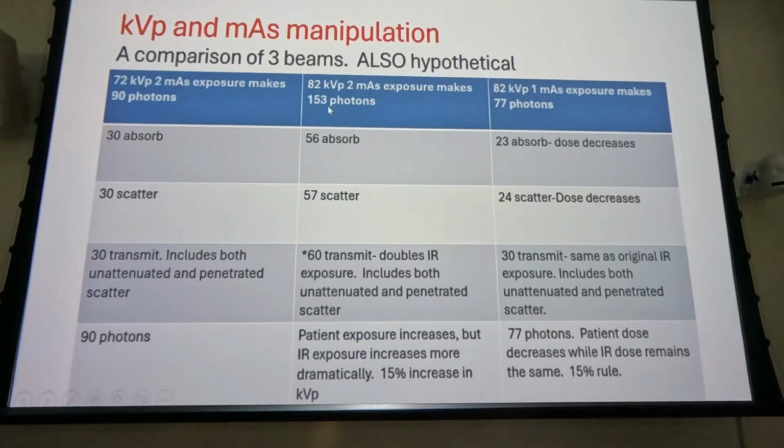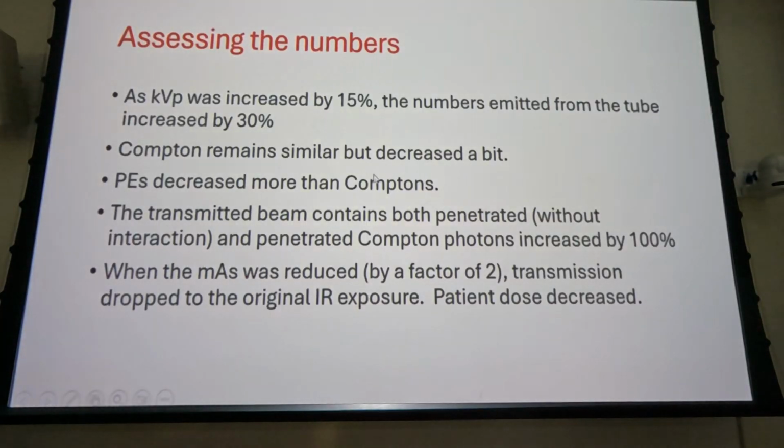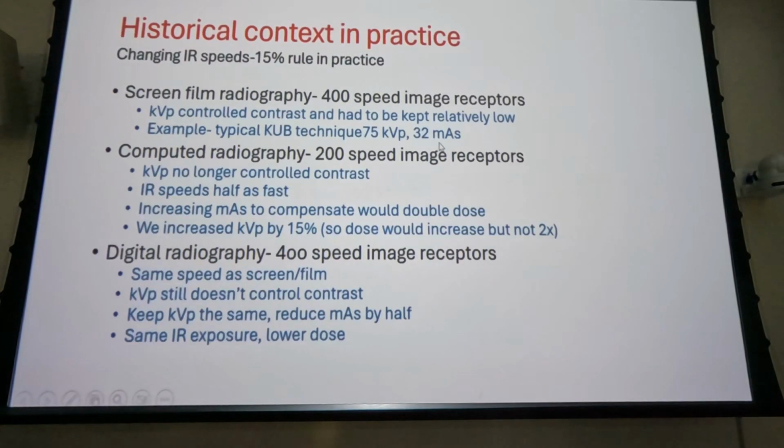I've got it worked out elsewhere, but I don't have a calculator up here. We'll look at it here in a minute, but our percentage of photons absorbed actually decreased. Okay, so we'll take a look at that here. All right, so this is the 15% rule in practice, and this is historical context.